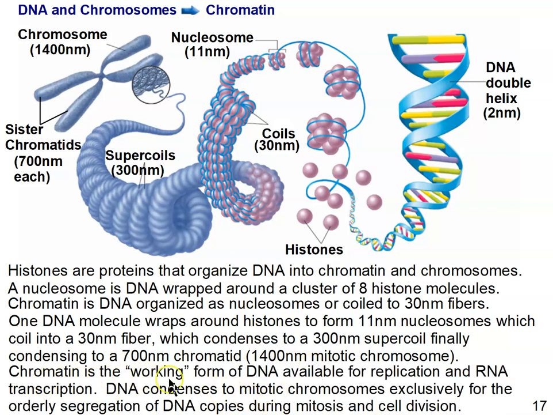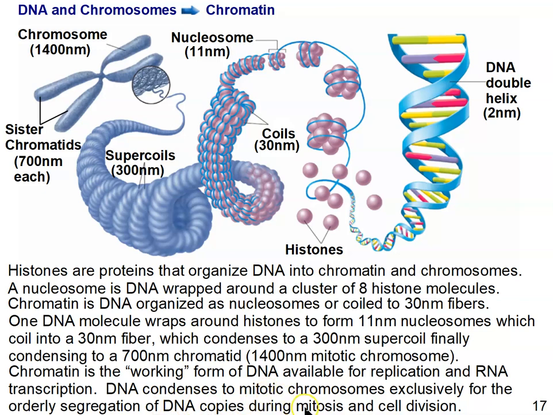So chromatin is the working form of DNA. In other words, this is when DNA can actually function: it can replicate and it can be transcribed into RNA. DNA condenses into mitotic chromosomes only for cell division in order to be orderly segregated into 2 new daughter cells at the time of cell division.